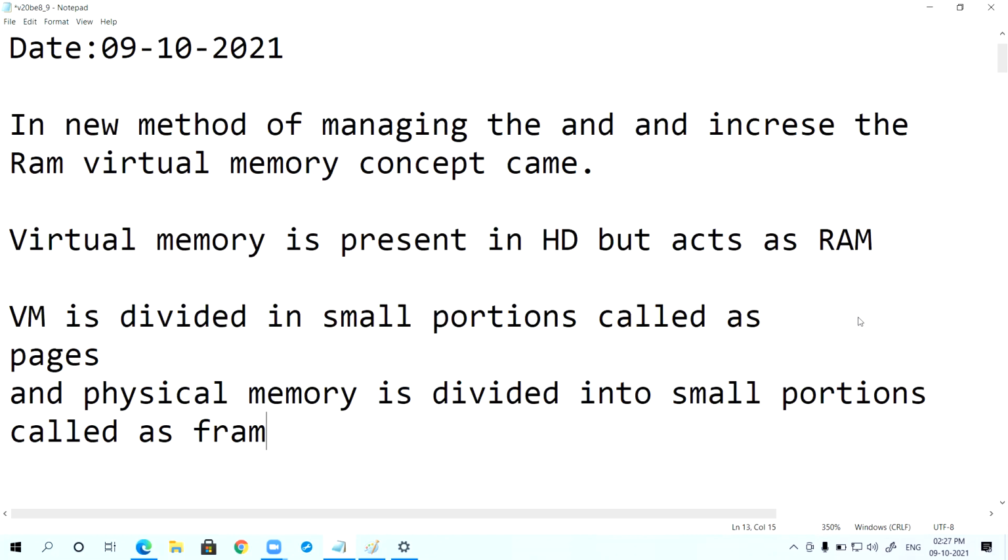Again, virtual memory is divided into small portions called pages, and physical memory is divided into small portions called frames.